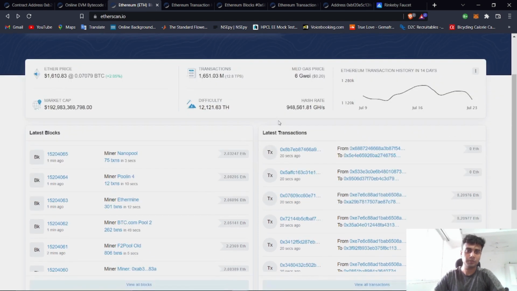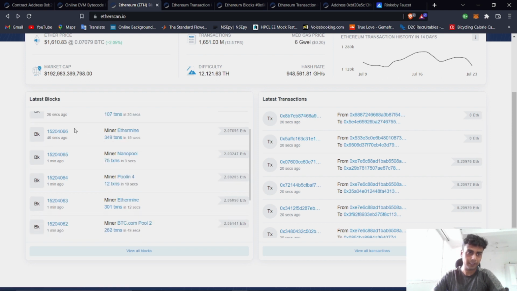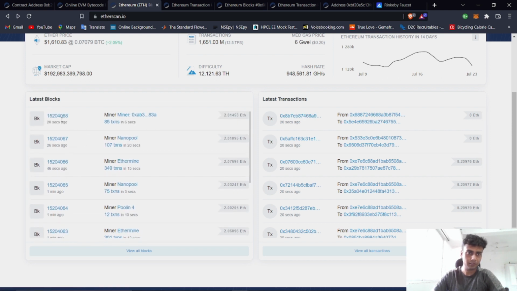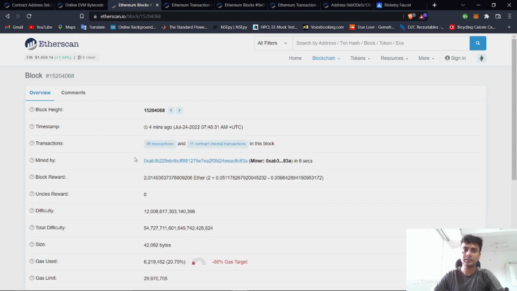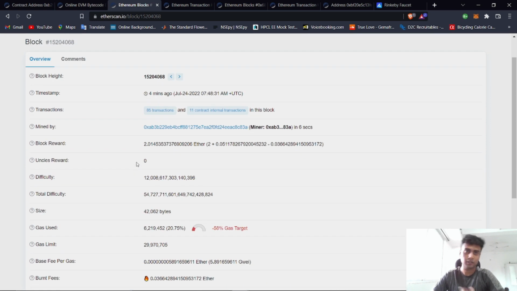What proof of work basically means is, if you want to mine a block, now look at this, this is block 068, if you want to build and mine block 069, your reward will be decided on how much computing power you have, how much you're contributing to the blockchain. But in proof of stake, like in Tezos, there is no such criterion. It depends on how much stake you own in the blockchain itself. That's how Tezos works.